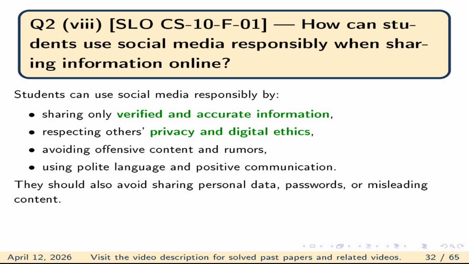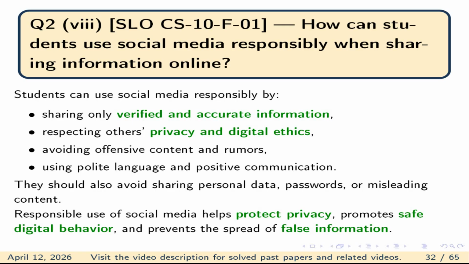They should also avoid sharing personal data, passwords, or misleading content. Responsible use of social media helps protect privacy, promotes safe digital behavior, and prevents the spread of false information.